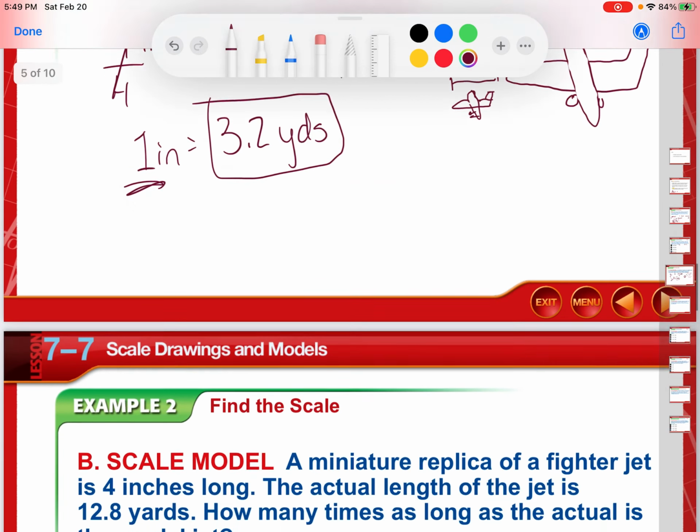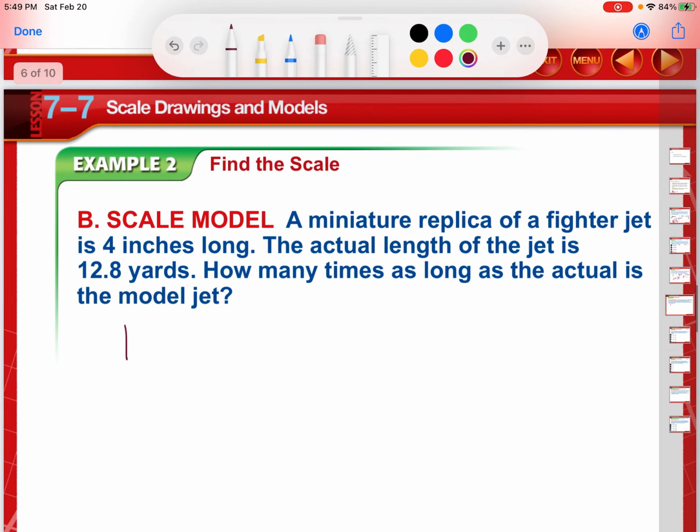Now, this is where they get a little bit more confusing with it. So we just said 1 inch is 3.2 yards. Now they're saying a miniature replica of a fighter jet is 4 inches long. The actual length of the jet is 12.8 yards long. How many times as long as the actual is the model jet?